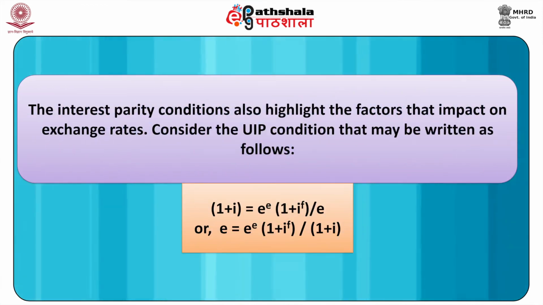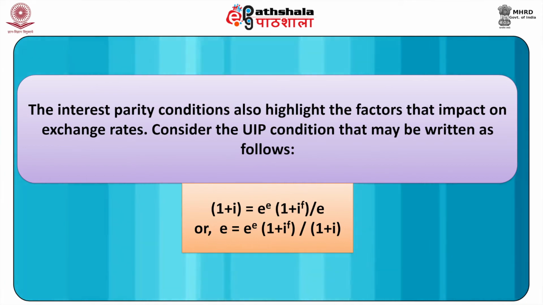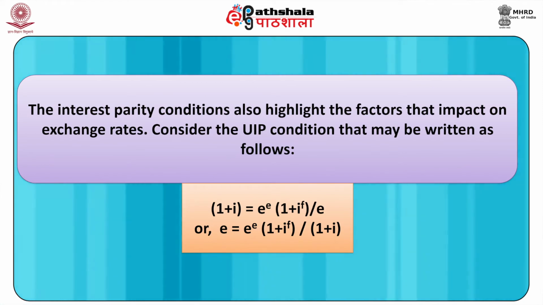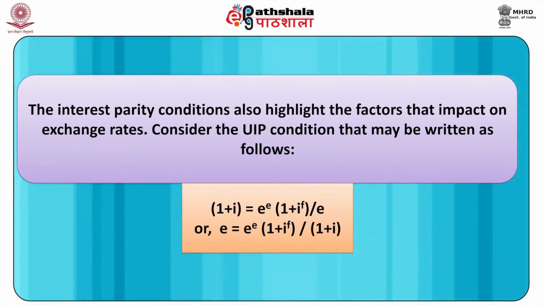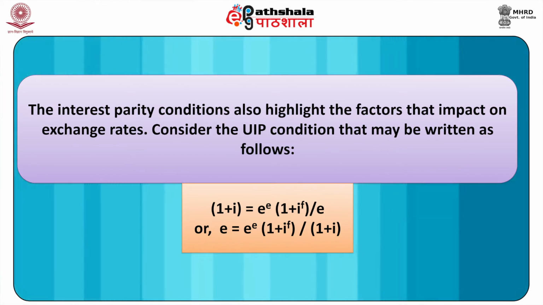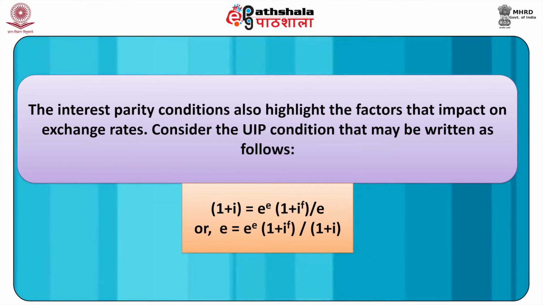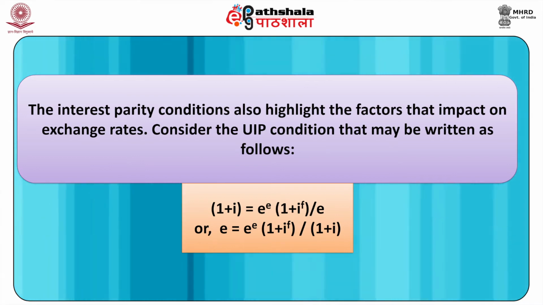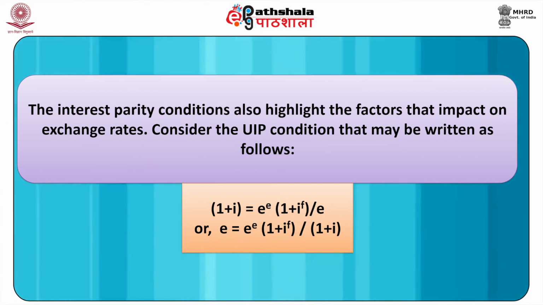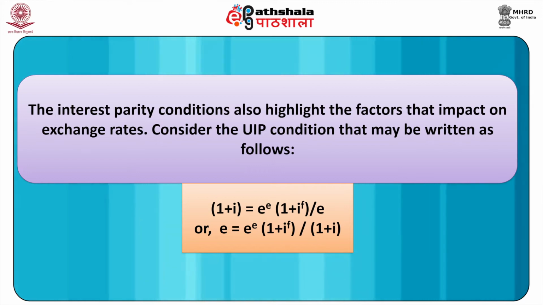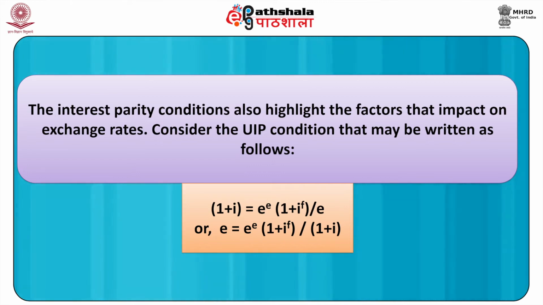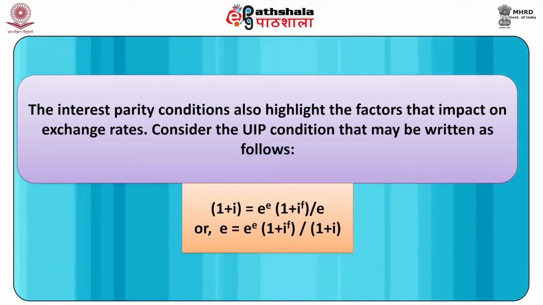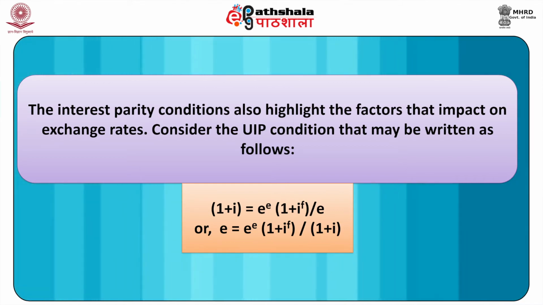The interest parity condition also highlights the factors that impact on exchange rates. Consider the UIP condition that may be written as follows, as shown on your screens: 1 + i = e^e (1 + i^f) / e, or e = e^e (1 + i^f) / (1 + i).